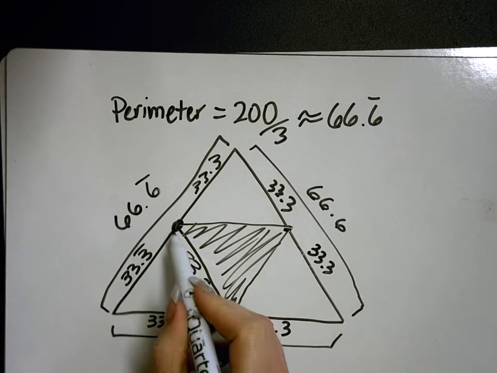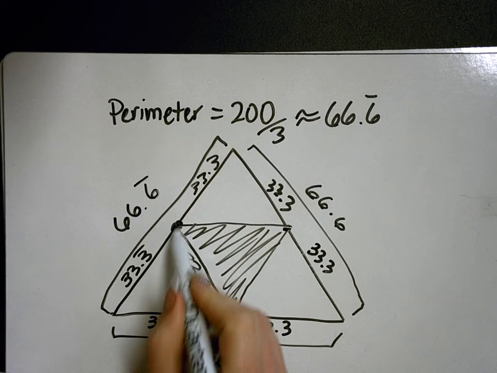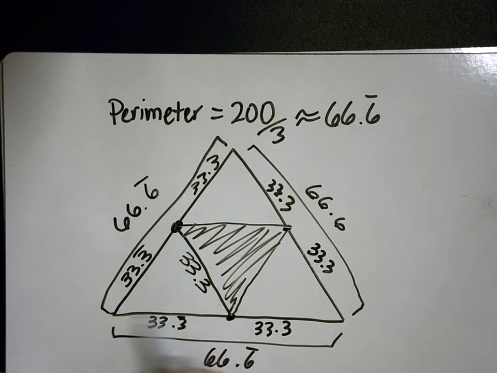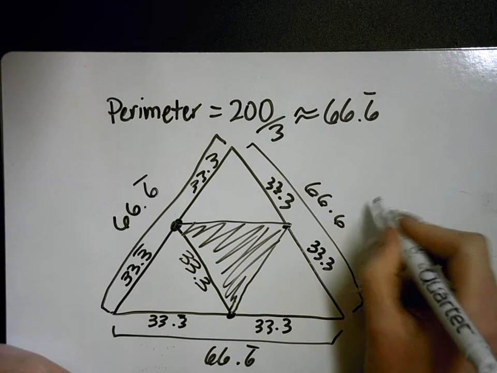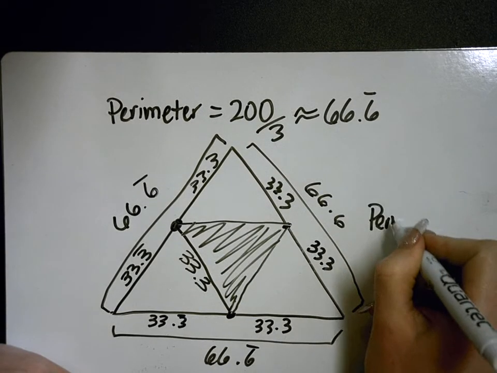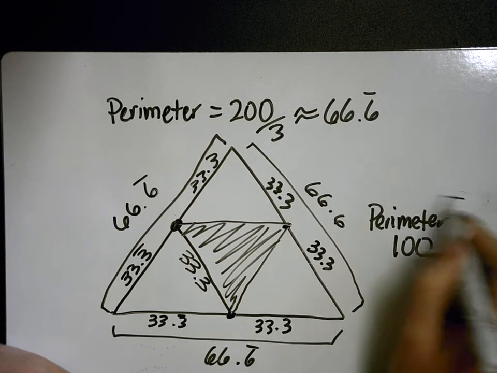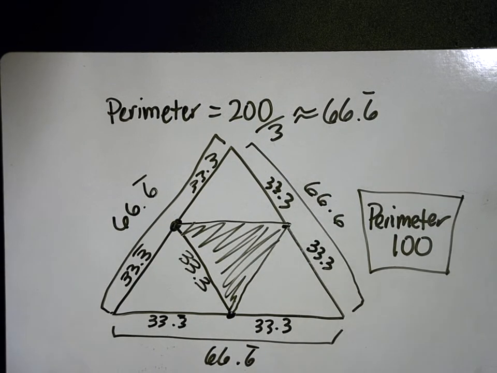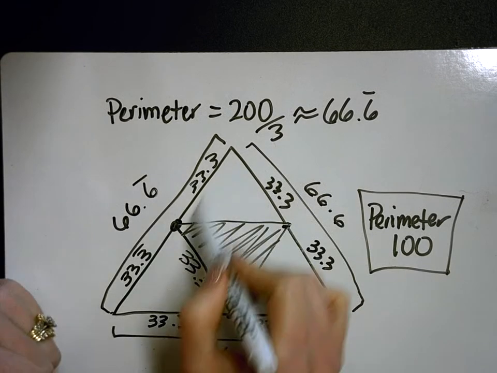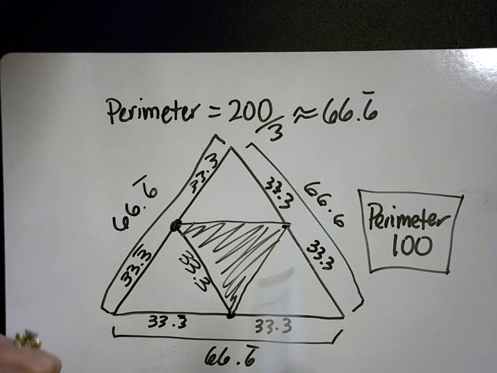So when we find the perimeter of this smaller triangle, when we add up all these, the perimeter of the smaller triangle ends up being 100. And the perimeter of this smaller triangle is also 100.